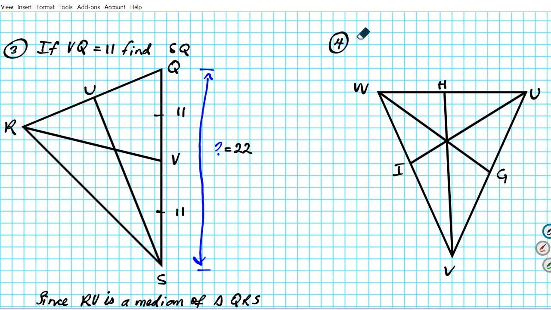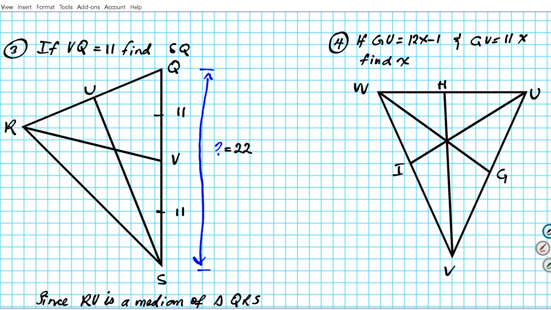Now, we have a situation where GU, so let's write that down. If GU is equal to 12x minus 1 and GV is equal to 11x, let's find x.